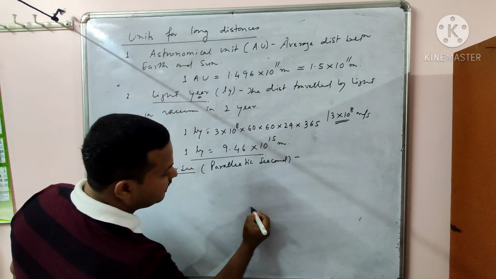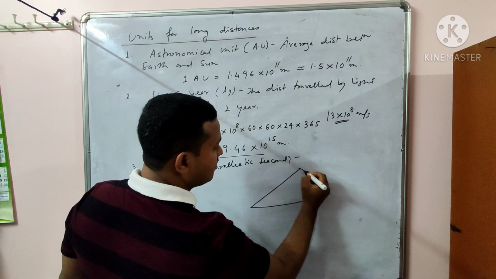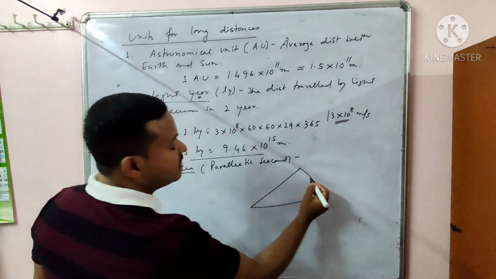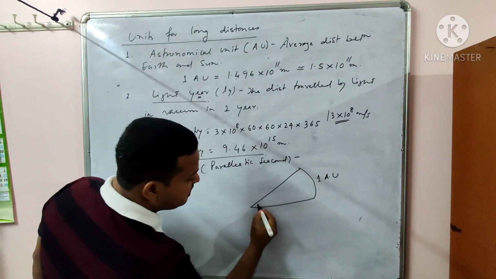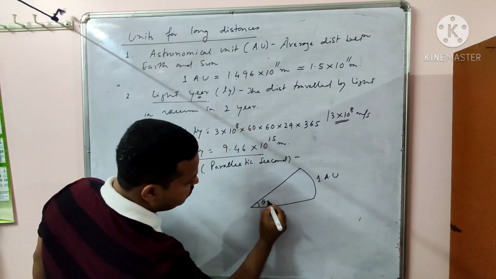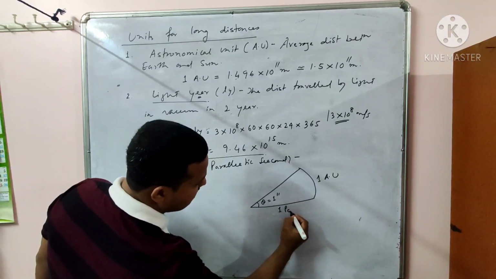Parsec means what? Suppose this is an arc, and the length of this arc is 1 astronomical unit, say. And suppose the angle is 1 second, and this distance is called 1 parsec.